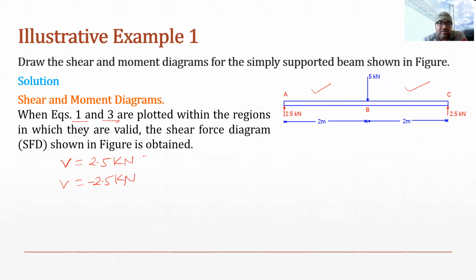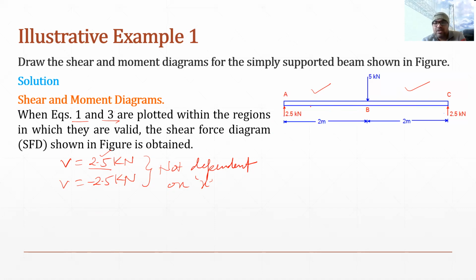You can see in these equations they are not dependent on x. Therefore, for all values of x, V will be 2.5 within segment AB, which is positive, and similarly the value of V for segment BC is negative but constant.